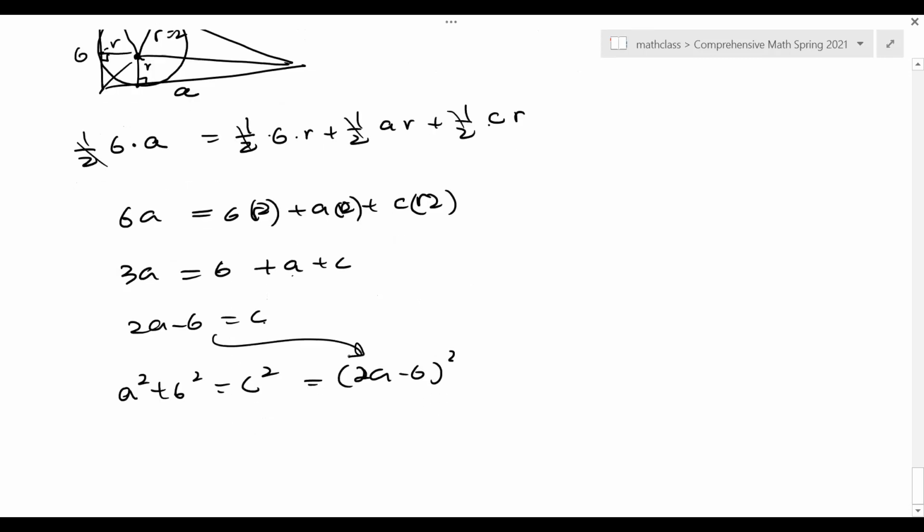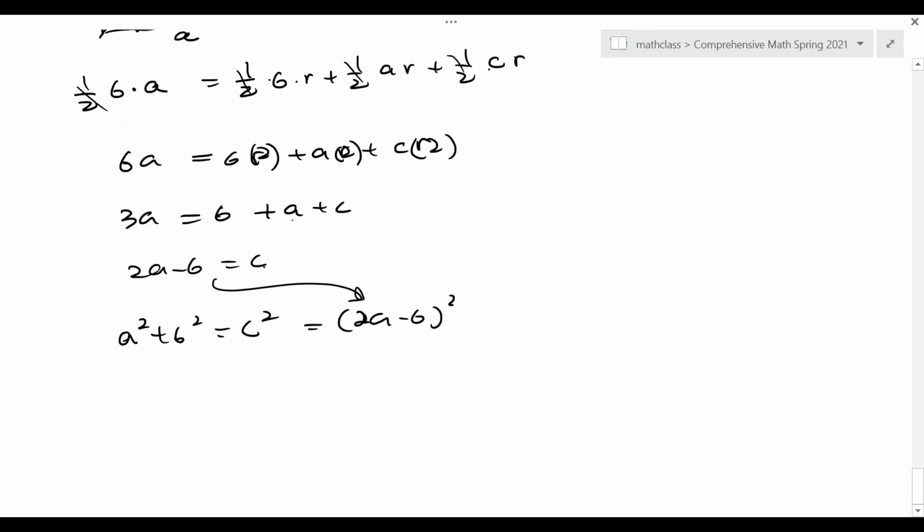You put it here and then you look at both sides: 4A squared minus 24A, and here's 36.